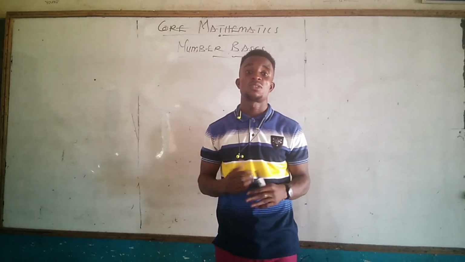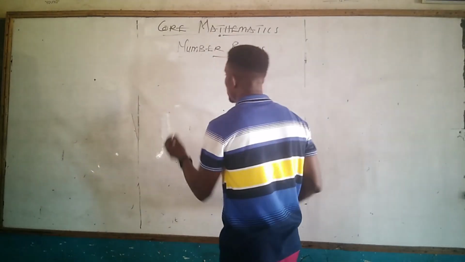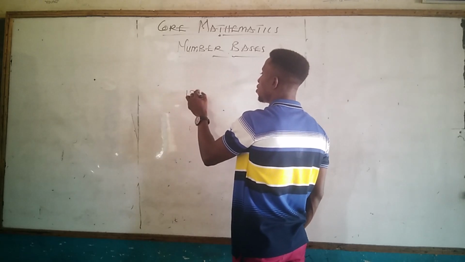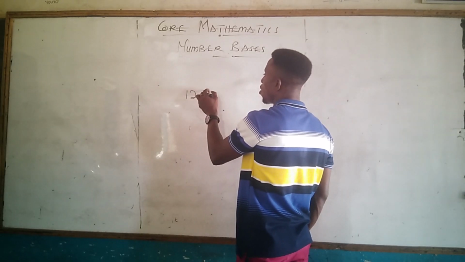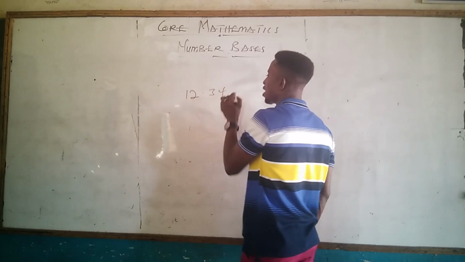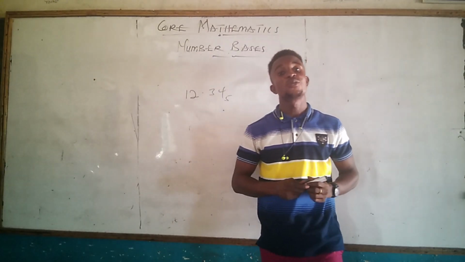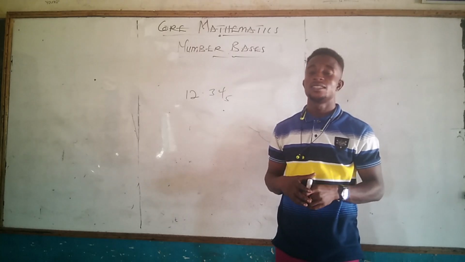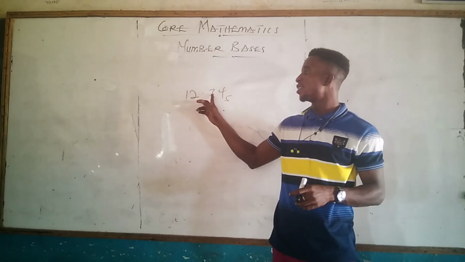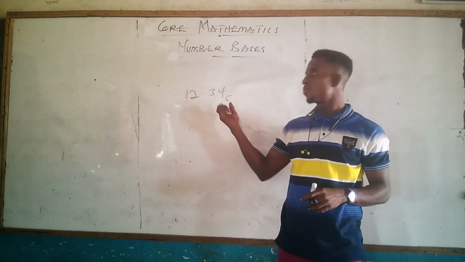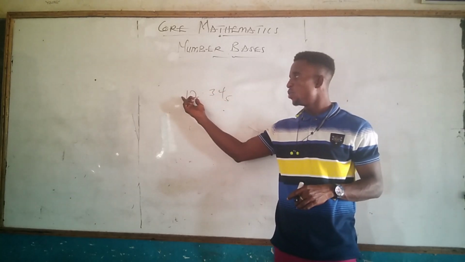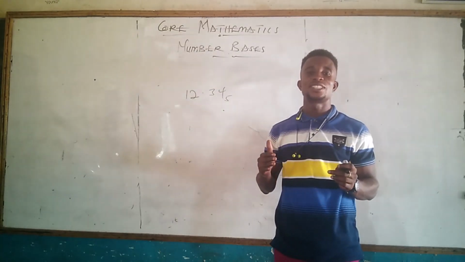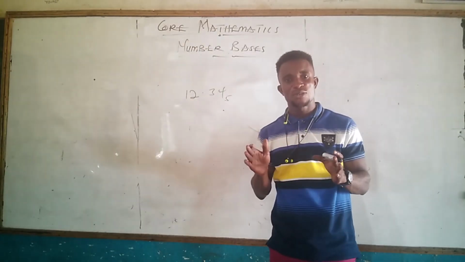Sometimes the question given to you could be something like 12.34 base 5 to convert to base 10. We are having points inside. So what do we do to this and what do we do to that? That is what we are coming to look at. It's very simple. We are good to go.